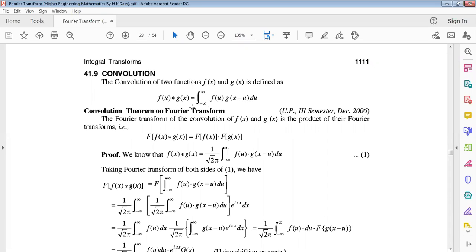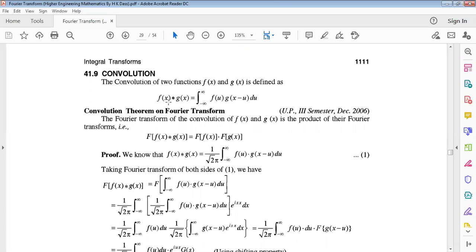That means x is substituted by the parameter u in f, and in the z function x is substituted by x minus u, and this is the integration with respect to u. U is the other parameter. This is called the convolution of these two functions.